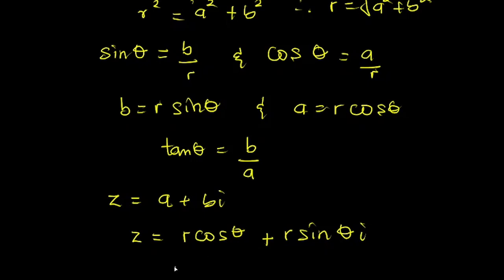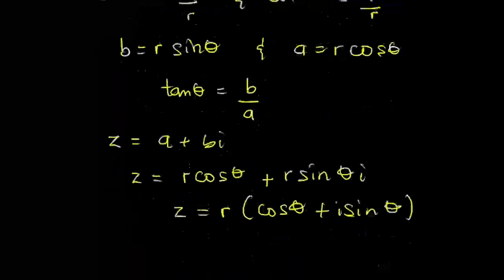Since r is common, we say our z is equal to r into cos theta plus I sin theta. You can put the I at the back or the front, it doesn't make any difference.